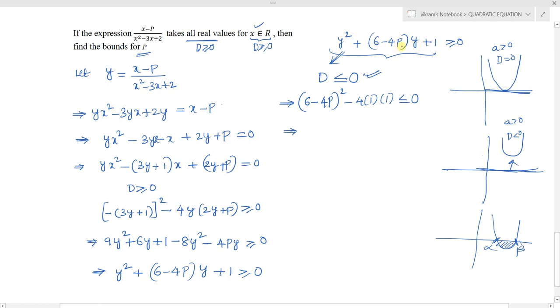If p were known, we could factorize or identify the nature of the roots, but since p is unknown, we need to find p.